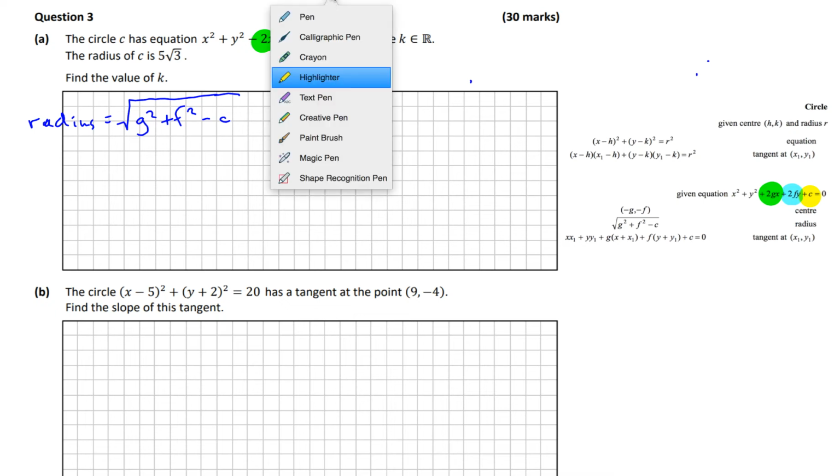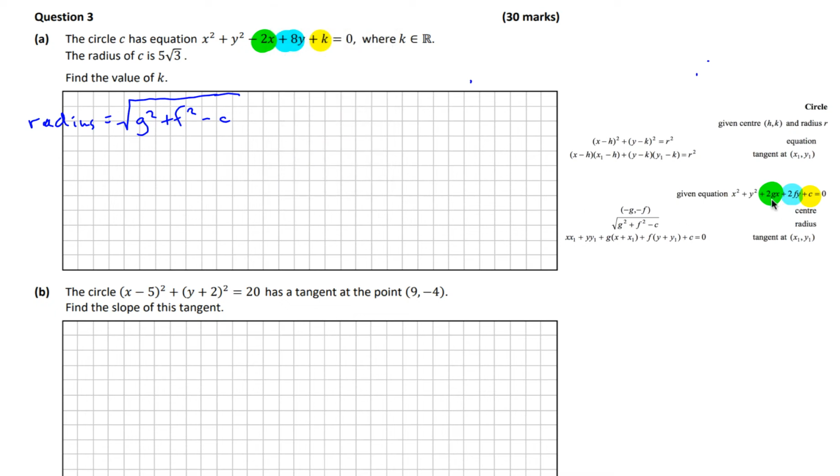So if 2gx is equal to minus 2x, that means 2g is minus 2, so g is minus 1. So this becomes the square root of minus 1 squared, plus, positive 8 is equal to 2f, so f is 4, so it's plus 4 squared. And then minus c, and for us c is k, so it's minus k.